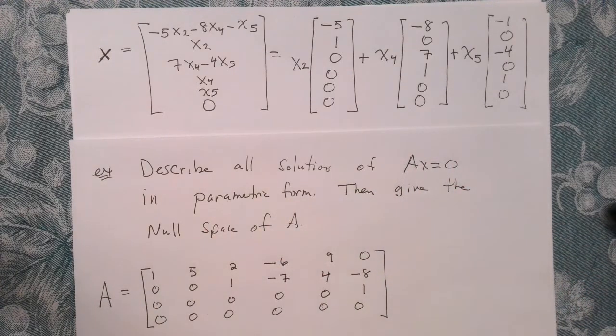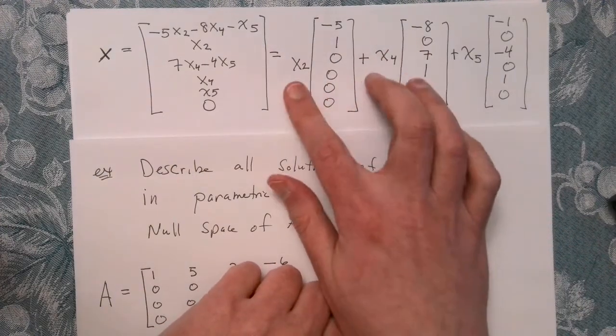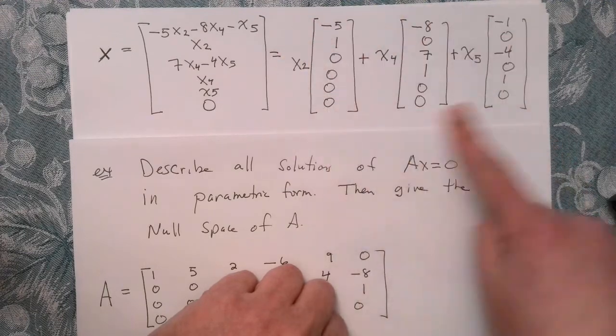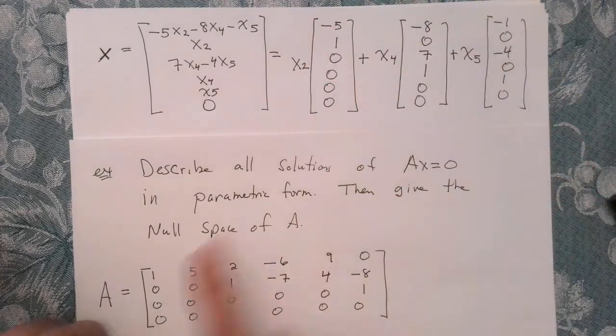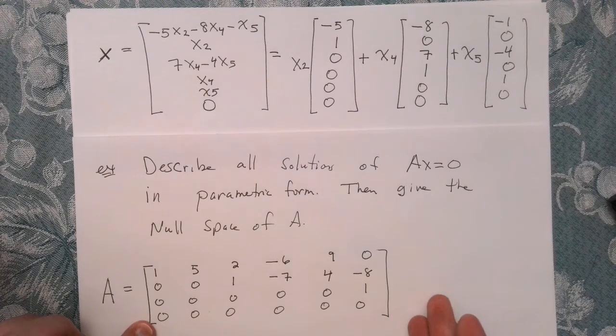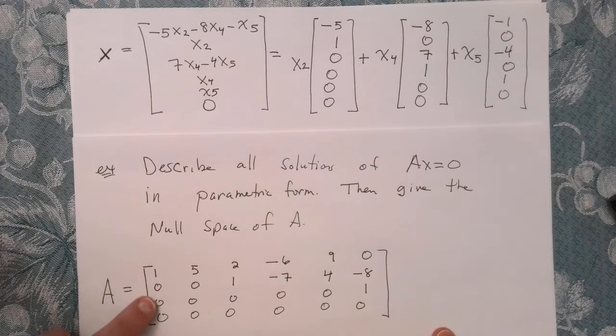And this is very checkable. You can pick any x2, x4, and x5, so maybe you choose 1, 2, 3. Combine this into a single vector, and then multiply A times that vector x carefully, and you should end up with the 0 vector. And specifically, you should get the 0 vector that's in R4.